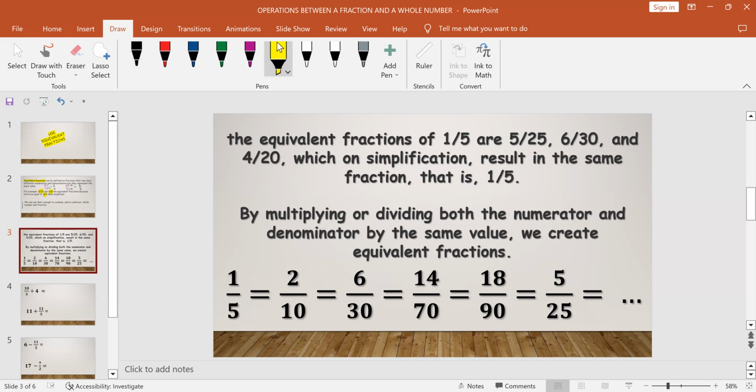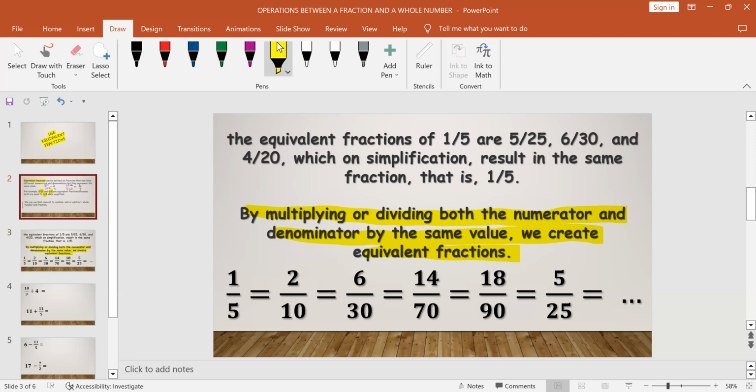So let's understand the concept again. By multiplying or dividing both the numerator and the denominator by the same value, we create equivalent fractions. So when you have a fraction and you want to create equivalent fractions, you multiply the numerator and the denominator by the same value, or you divide the numerator and the denominator by the same value.